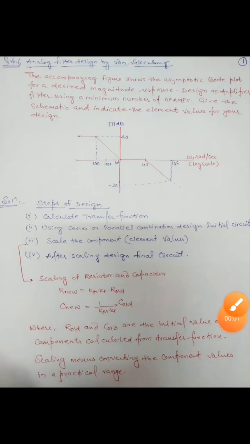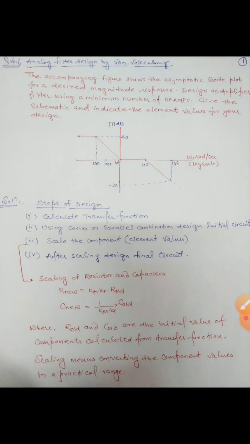Everyone, today we are going to see one problem related to the design of a filter circuit with the help of Bode plot. For the final design we need to solve this particular problem with the help of 4 different steps. First step, as we have seen in our lecture number 1, we need to calculate the value of transfer function.